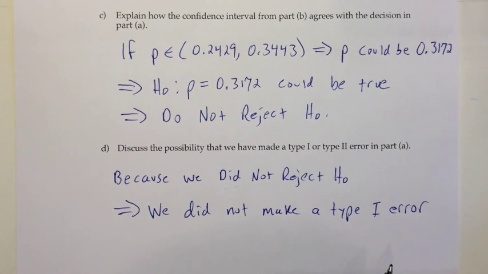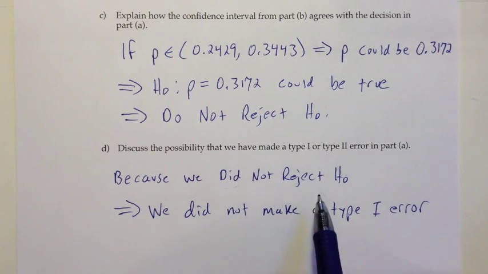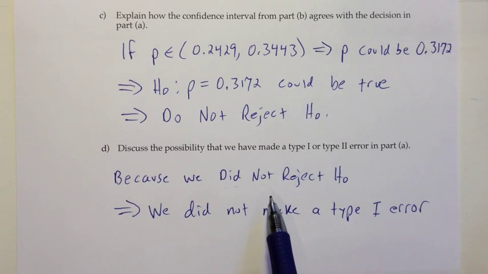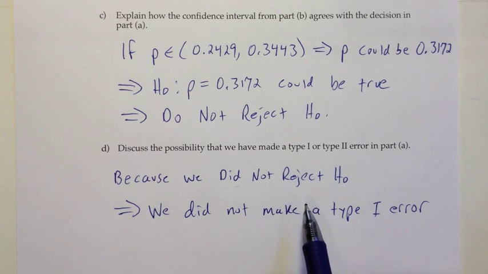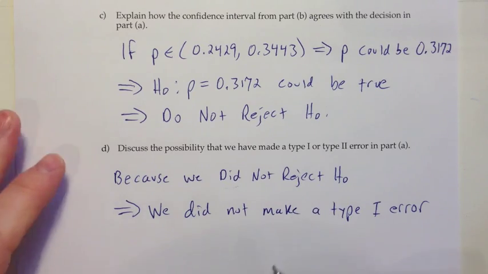A type 2 error is possible anytime you decide not to reject H0. Just a reminder, the definition of a type 2 error is not rejecting H0 when it was in fact a false claim. And so I didn't reject it because H0 looked like it was a reasonable possibility for the truth. That doesn't mean it was the truth.